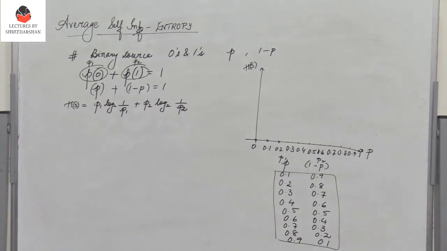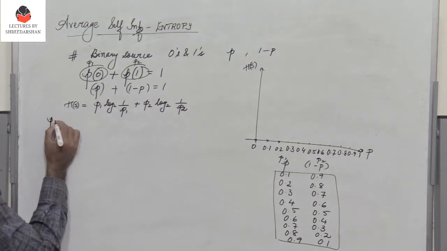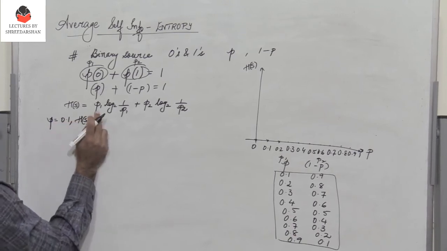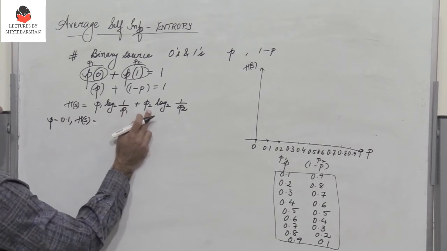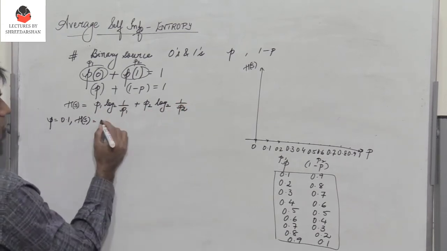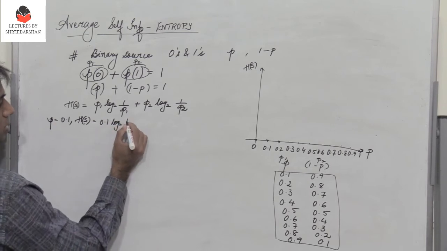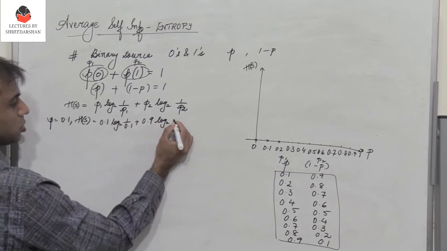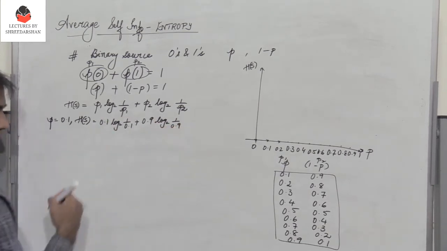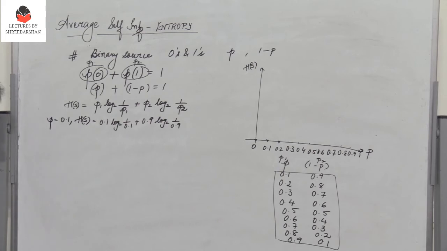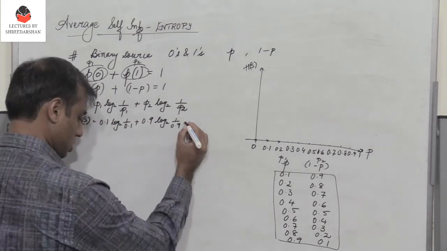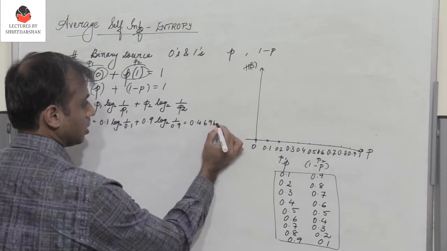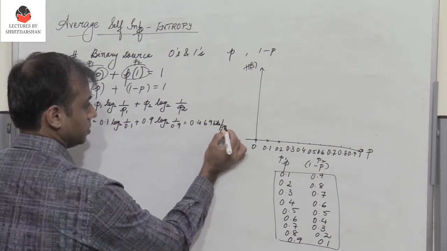So let's calculate the values. For p equal to 0.1, what is H of S? It is p1 log base 2 of 1 by p1 plus p2 log base 2 of 1 by p2. So I get 0.1 log base 2 of 1 by 0.1 plus 0.9 log base 2 of 1 by 0.9. Make sure that you do the calculations correctly and get the values. So I'll write the answer, which is 0.469 bits per symbol.